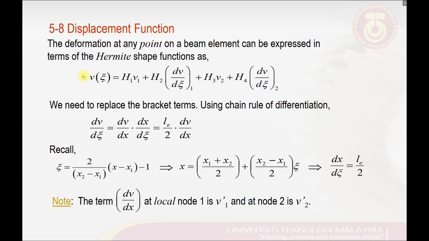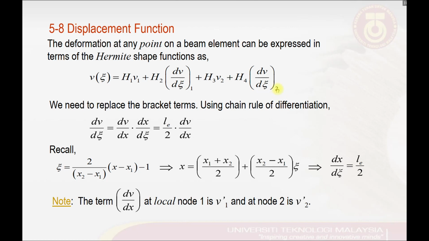So the deformation at any point or location within two nodal points can be obtained by this equation, which is the interpolation equation based on the Hermite shape function, where we have h1 v1 plus h2 multiplied by the derivative of v over z at node number 1, plus h3 v2, plus h4 again multiplied by the derivative of v over z at node number 2.